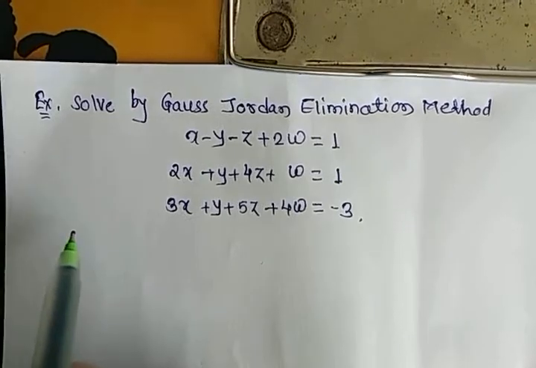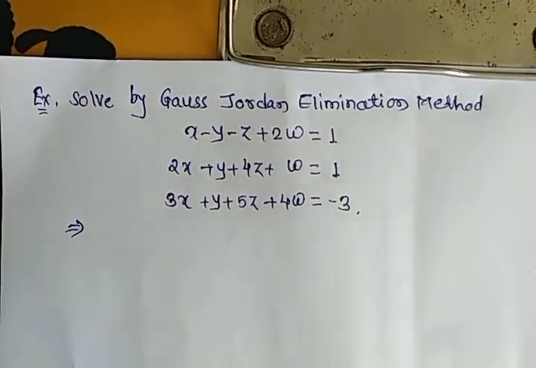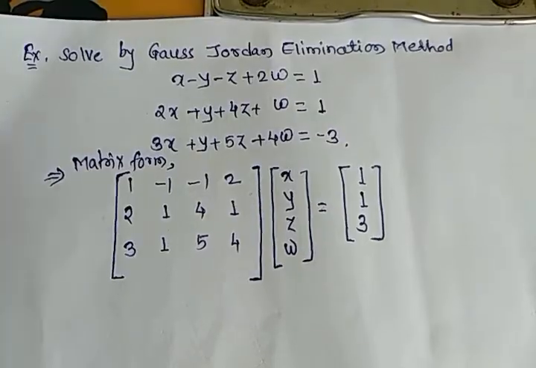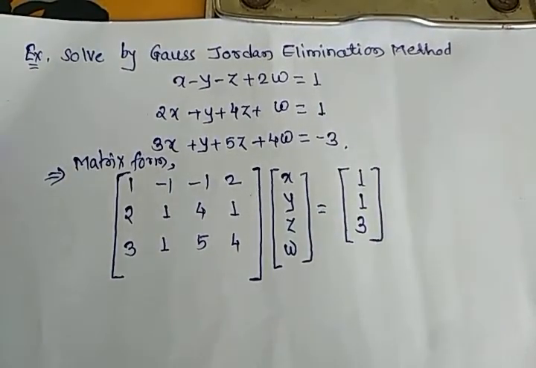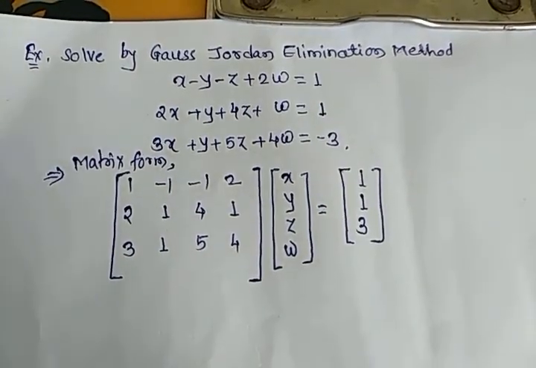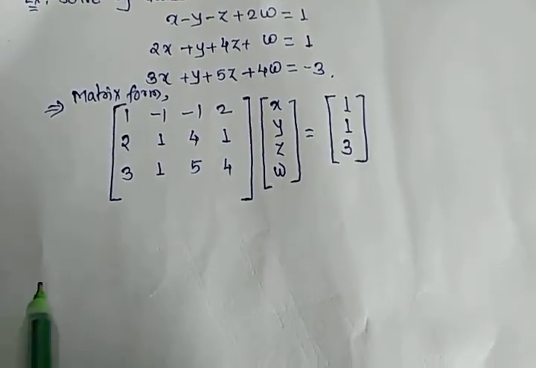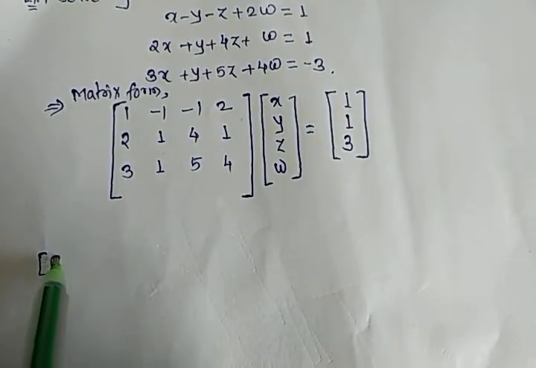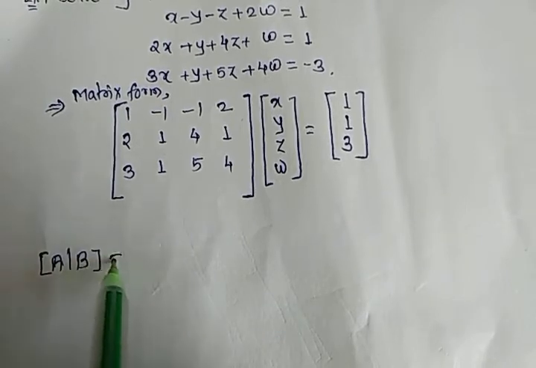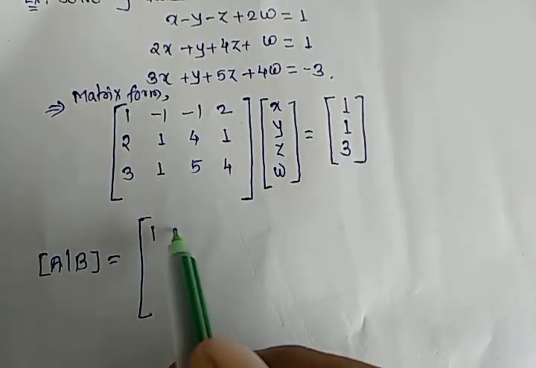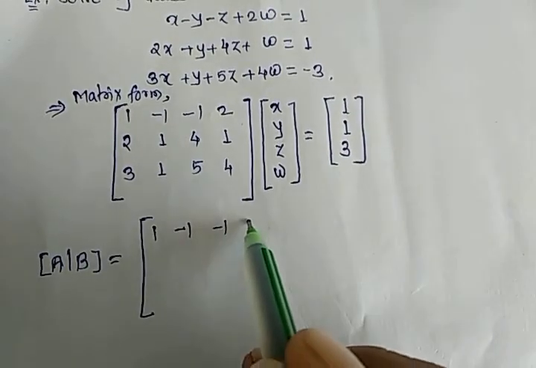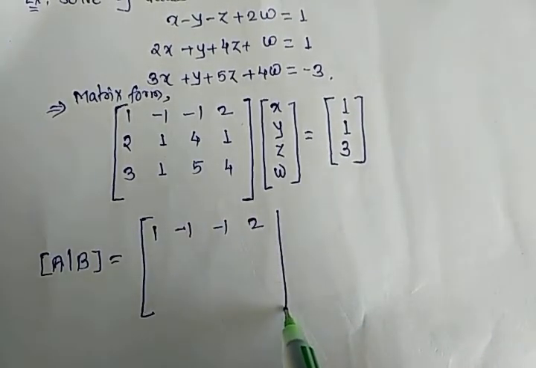Here we first write the matrix form of the given system of linear equations. Now consider the augmented matrix. The augmented matrix [A | B] is equal to a matrix whose first row is 1, -1, -1, 2, augmented.